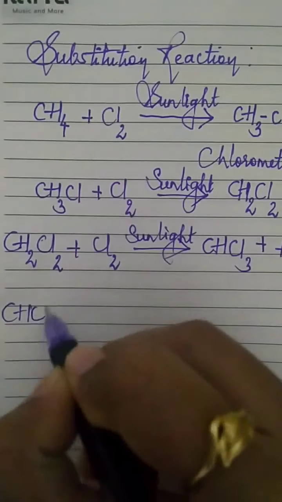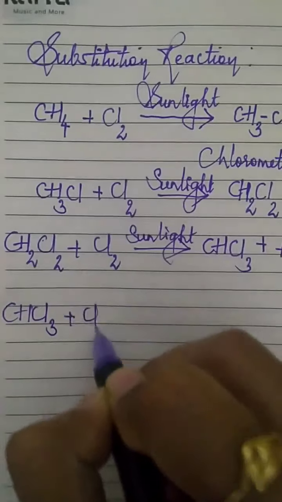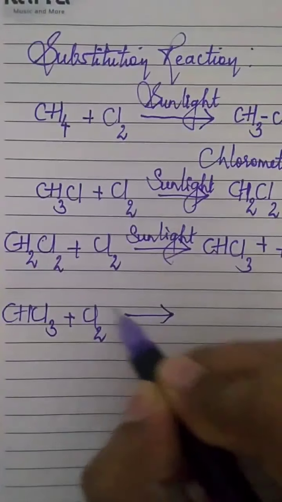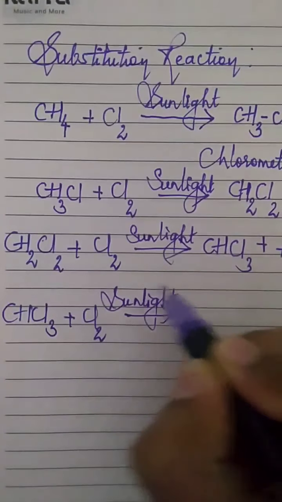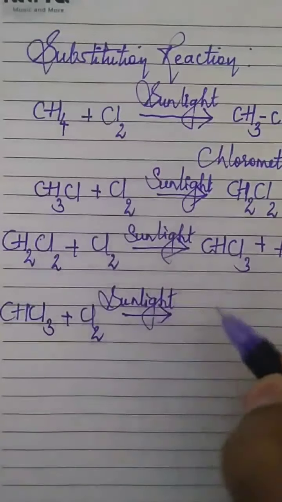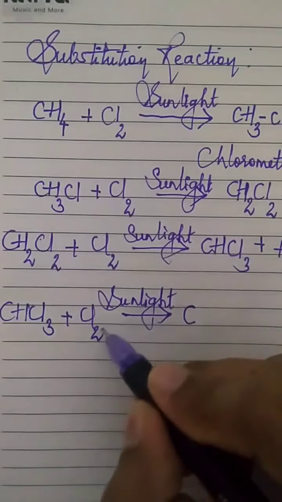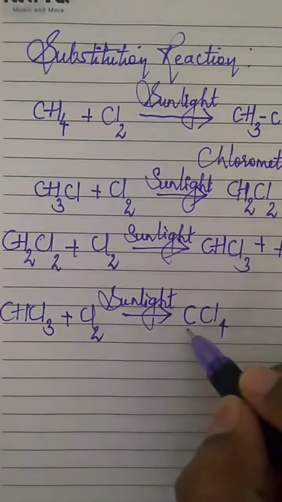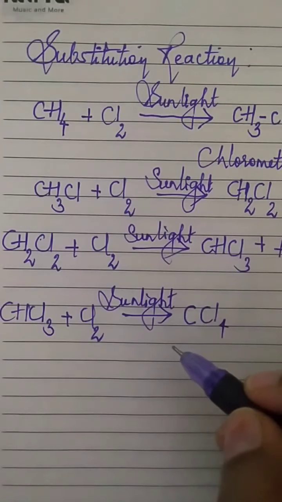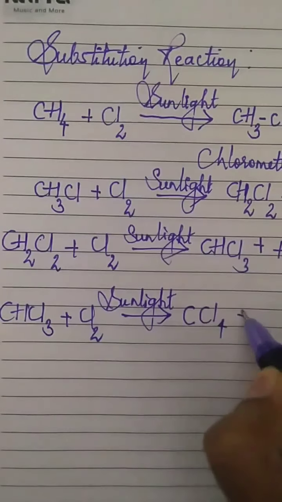Further CHCl3 plus chlorine, chlorination in the presence of sunlight. Now only one hydrogen is left to be substituted. That hydrogen will also be substituted by chlorine. So you get CCl4, tetrachloromethane. Fine. Plus HCl.